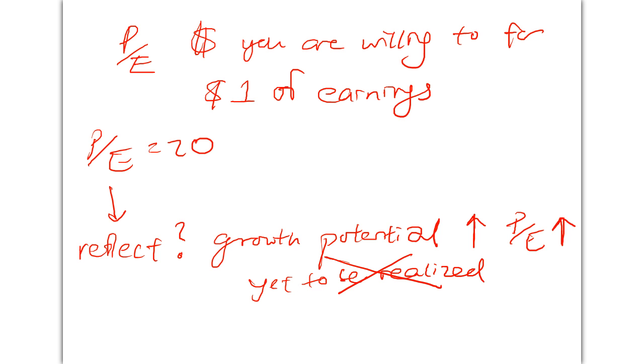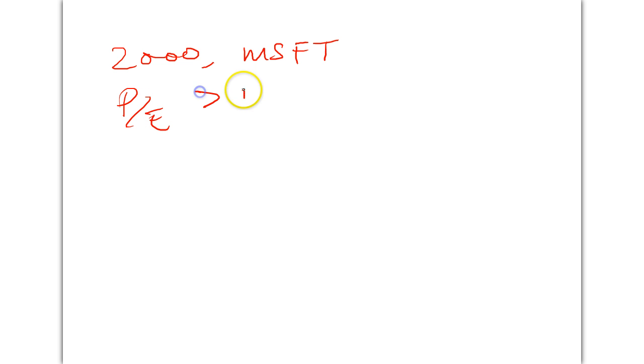Back in 2000 and before that, Microsoft was doing very well with its world domination of operating systems using Windows, and its PE ratio then was more than 100. But obviously it could not maintain the kind of growth it had before, and it soon dropped. In 2002 it had dropped to 43.